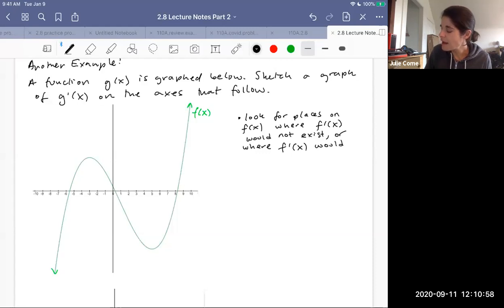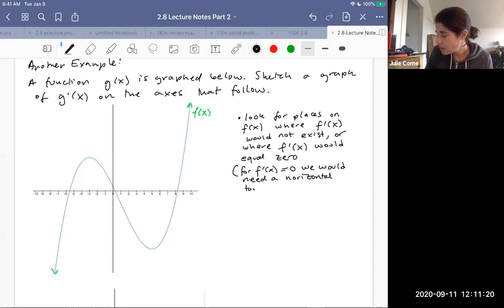And remember that f prime of x measures the slope of the line tangent to f of x. And therefore, for f prime of x to equal 0, we would need a horizontal tangent line.